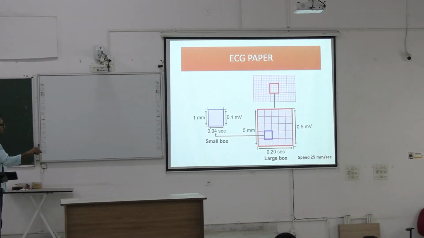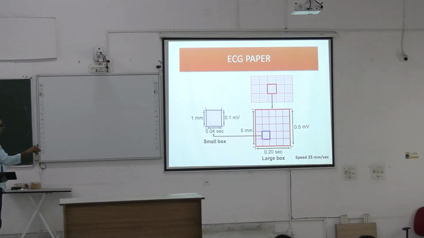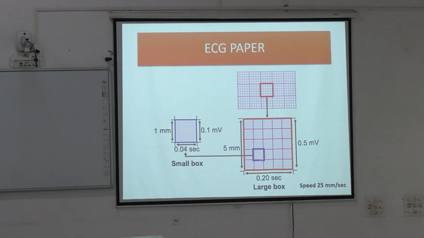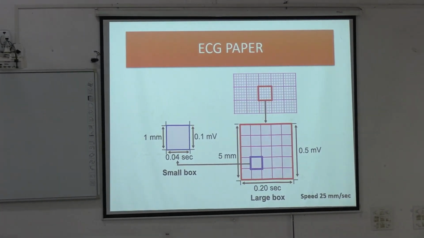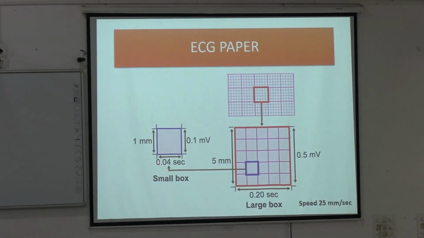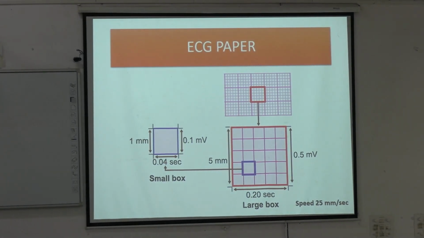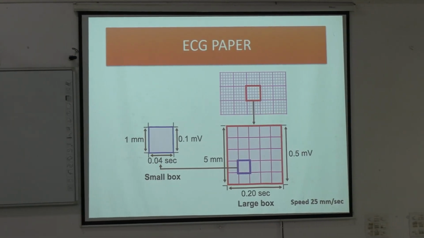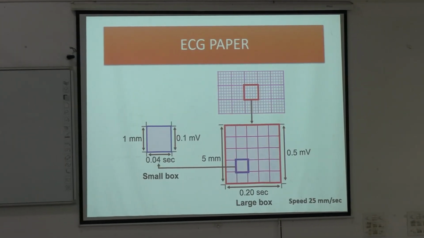If you take one very small square, the smallest square, you take it out here. The x-axis is equal to 0.04 seconds or 40 milliseconds. And on the y-axis, 1 millimeter is equal to 0.1 millivolt.